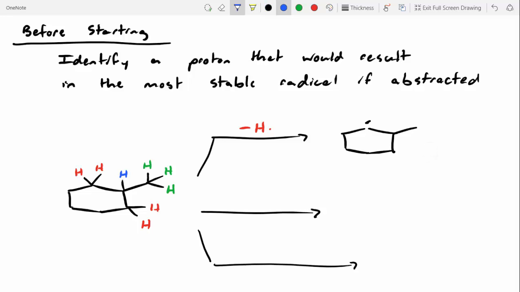And if we abstract a blue hydrogen radical, we would get one that looks more like this. And last but not least, if we abstract the green hydrogen radicals, we would get one that looks like this.